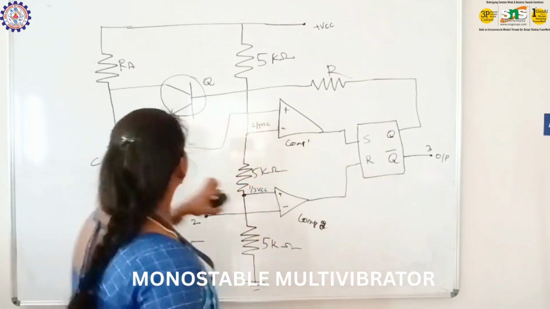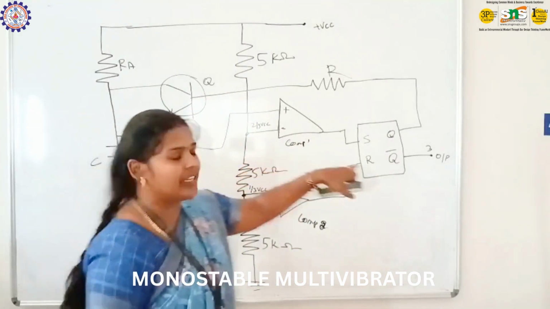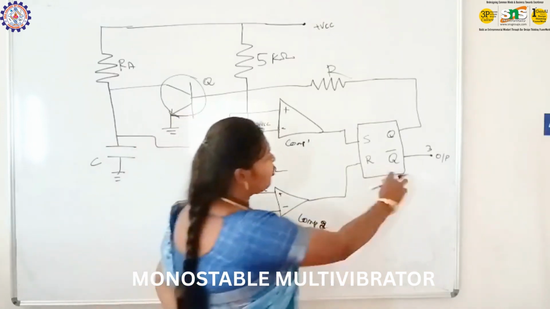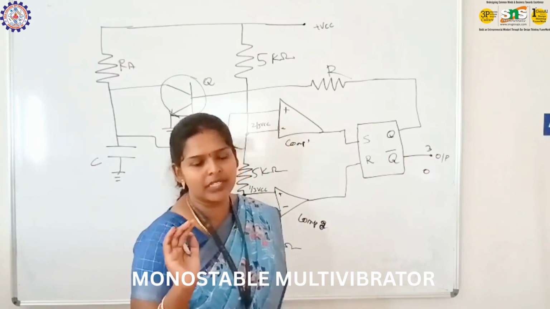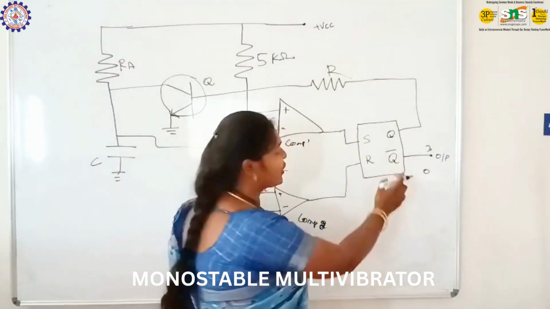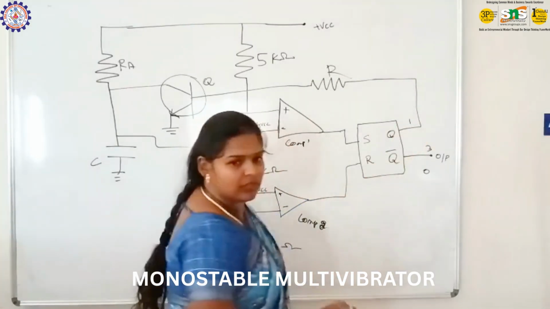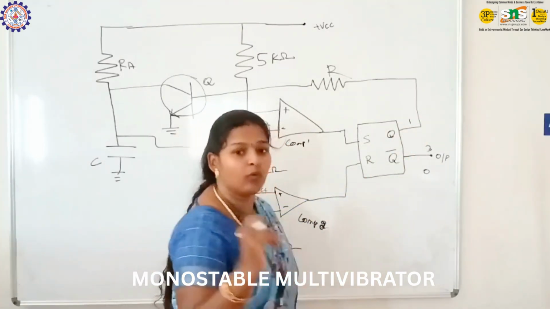Okay, so this is the diagram. Initially we assume that the output is 0. So Q bar is 0, which means the Q value is 1. This is the flip-flop function, right? Q bar 0 means the Q value will be 1.